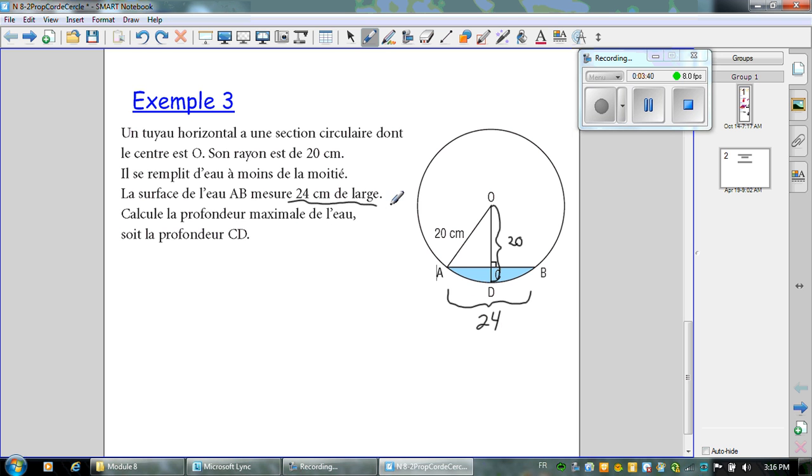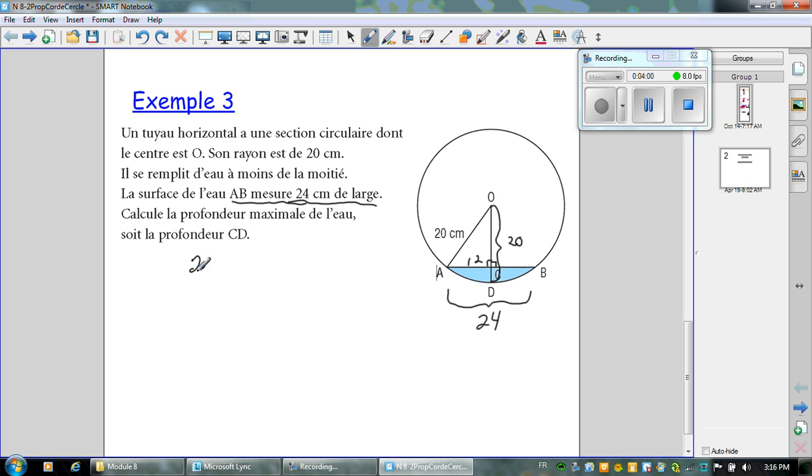Right here, 24 from A to B. So that means that this distance here is 12. So all I need to do is to find the height of the right triangle here and subtract it from 20, and I'm going to get how deep the water is.